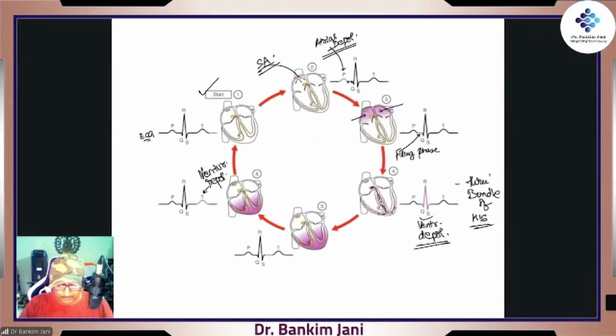And then see again the time is filled up, and then these ventricles, they are filled up, and then they contract, and the blood is pushed. So all we need to understand is this is atrial depolarization, this is ventricular depolarization, and this is atrial repolarization. And when it is going back to the original state.